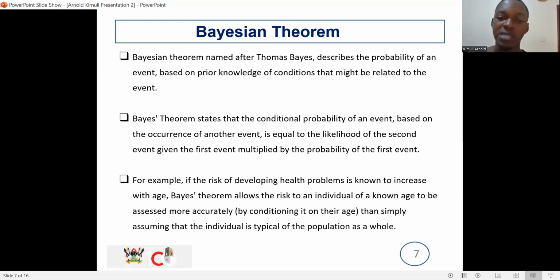For example, if the risk of developing health problems is known to increase with age, Bayesian theorem allows the risk to an individual of a known age to be assessed more accurately. That is by conditioning it on their age, rather than simply assuming that the individual is typical of the population as a whole, which makes it more understandable.